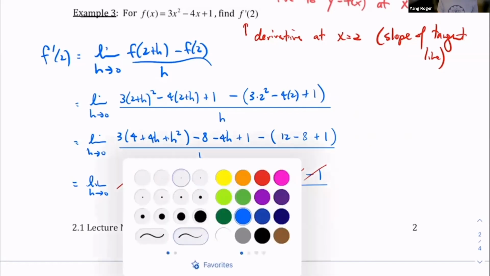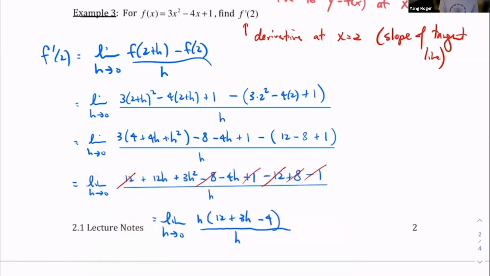And then when I factor, I can see that the h's are going to cancel out. Now I can use the direct substitution property. So I plug in a 0 for h. That makes the second term here 0. So you just get 12 minus 4, which is 8. And that's going to be our answer.